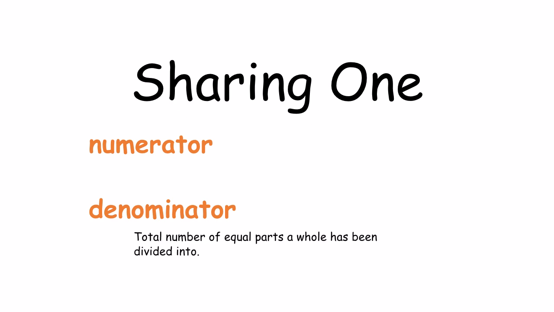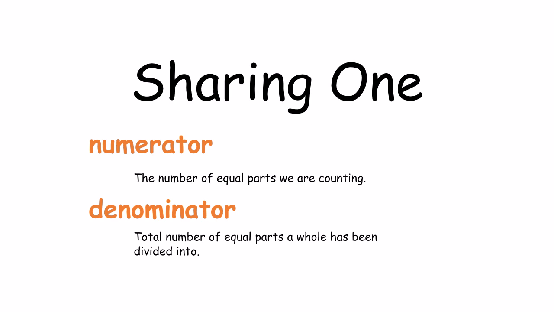The denominator tells us the total number of equal parts a whole has been divided into. So this is how many parts we're dividing 1 into. The numerator tells us the number of equal parts that we are counting.